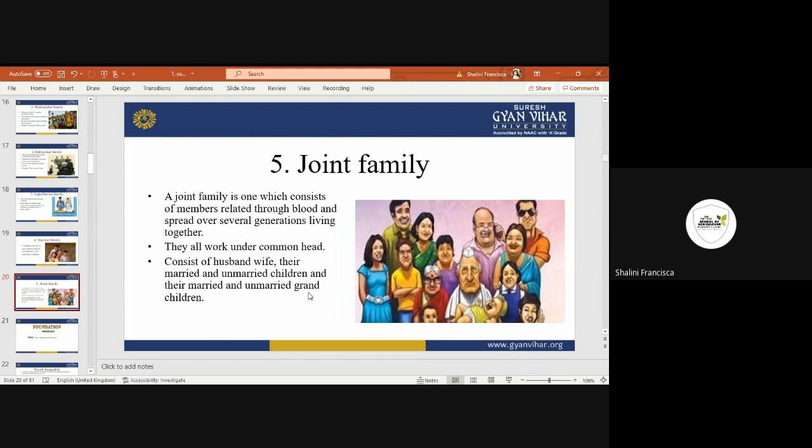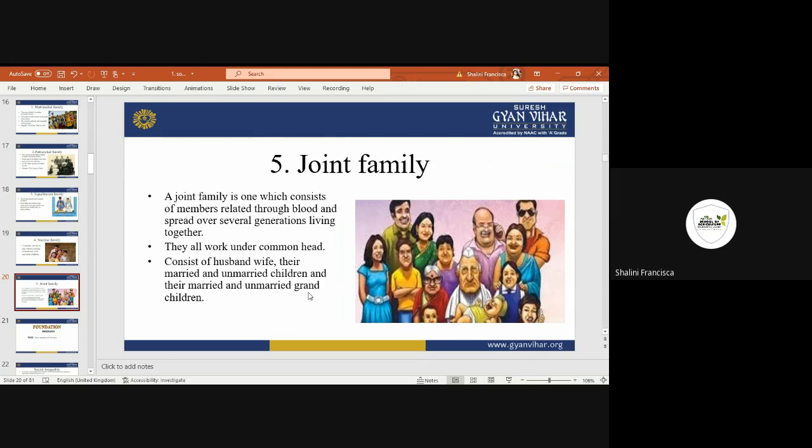Then the last type of family is joint family. A joint family is one which consists of members related through blood and spread over several generations living together. This pattern is still seen in most of the Indian society, but majorly in Rajasthan society.